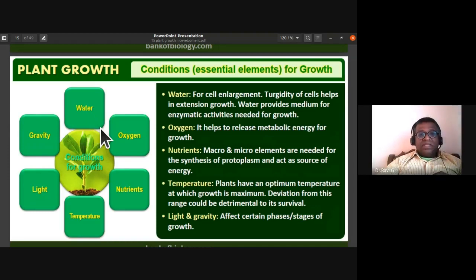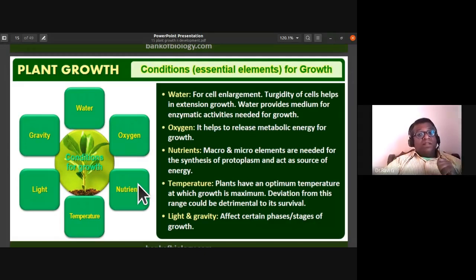That is why, for the conditions for growth, water availability is very much required. Turgidity of the cells increases growth. Water medium is required for the enzymatic activity, which is required for growth. Oxidation of the energy rich molecules by oxygen releases metabolic energy, which growth requires in large amounts.